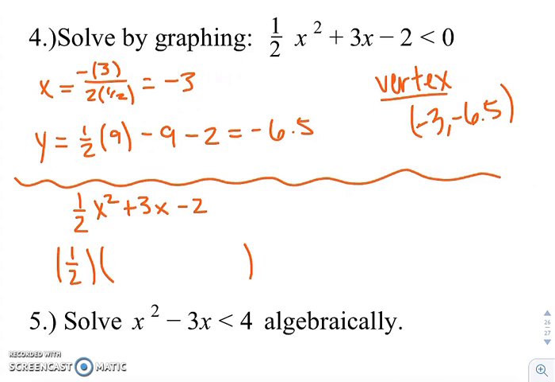So the 1/2 x squared is just x squared, but 3x will now be 6x, and minus 2 will now be minus 4. Dividing by 1/2 is really just multiplying by 2. If you start with one thing and you cut it in half, you now have two things. 1 times 2 is 2. So can we factor what we have left here?